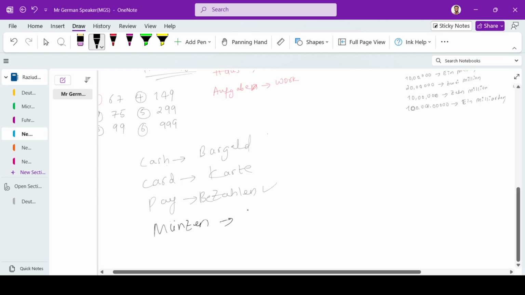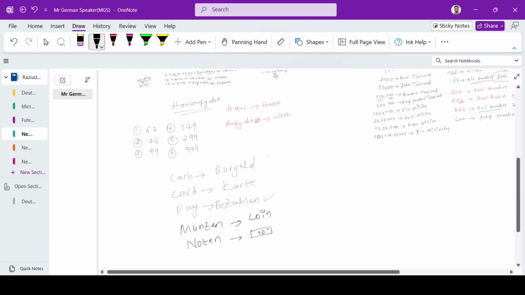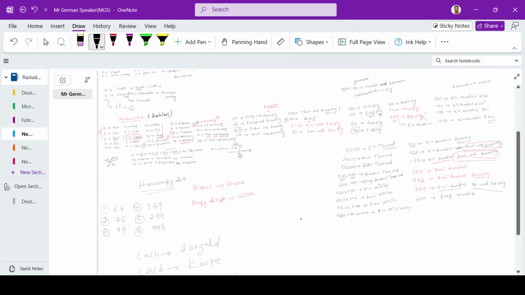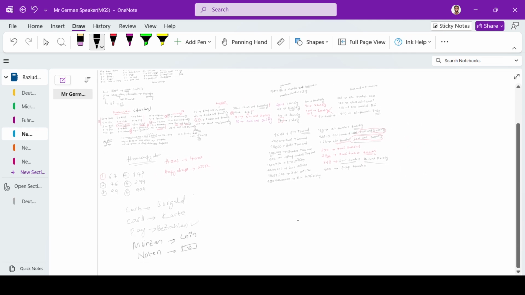I'm not sure, but Münzen is basically the coins, and Noten. I think Noten, if I'm not wrong, is the note or the currency, the bill with 10 euros or 5 euros or whatever written on it. That's Noten.